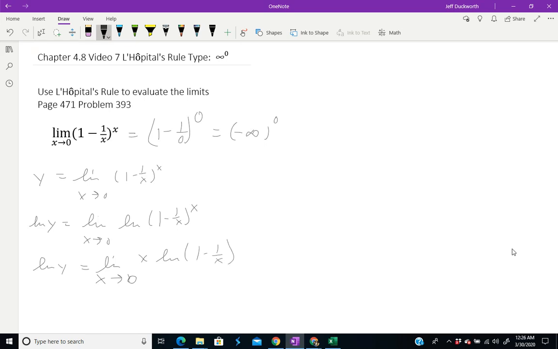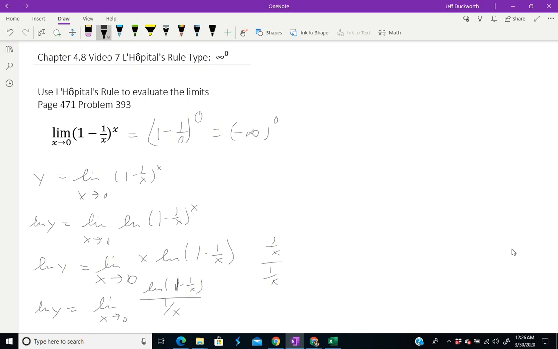And now I can do the little 1 over x trick. So I can multiply by 1 over x times 1 over x, where the numerators cancel, and I'm left with ln of y, limit x equals 0, ln of 1 minus 1 over x, all over 1 over x.